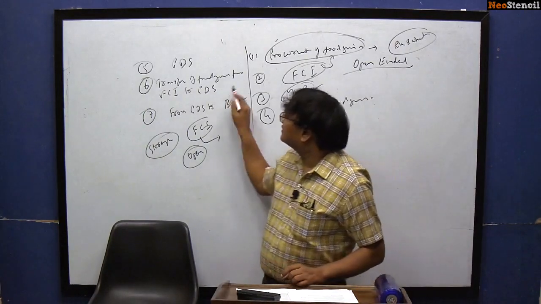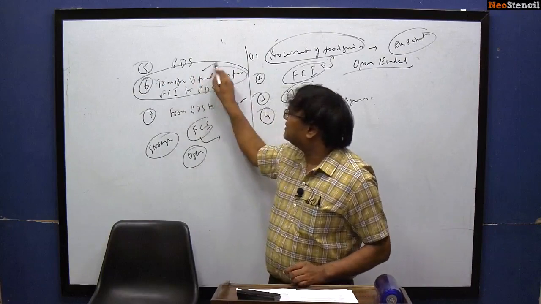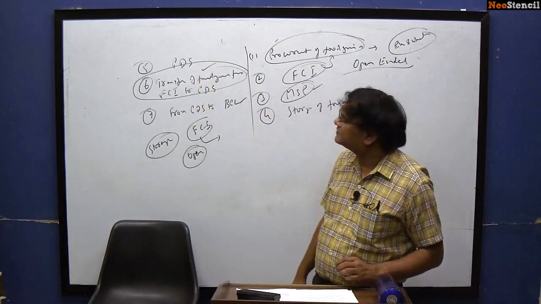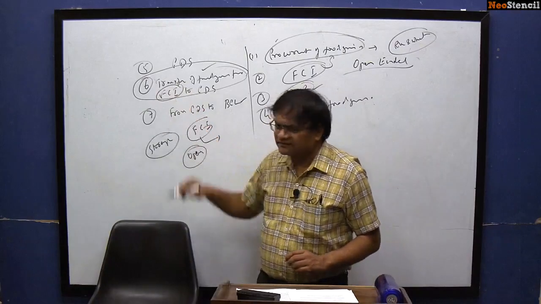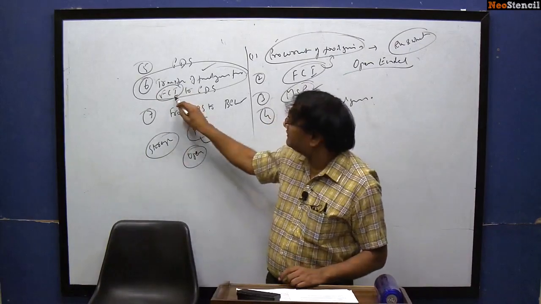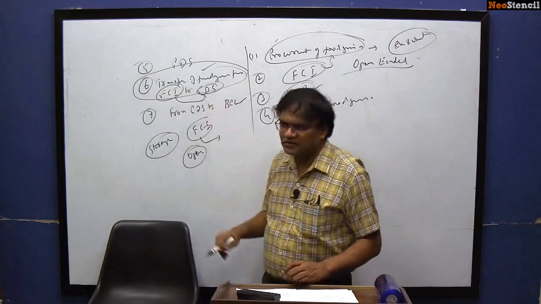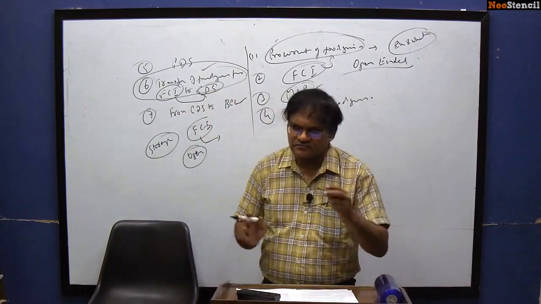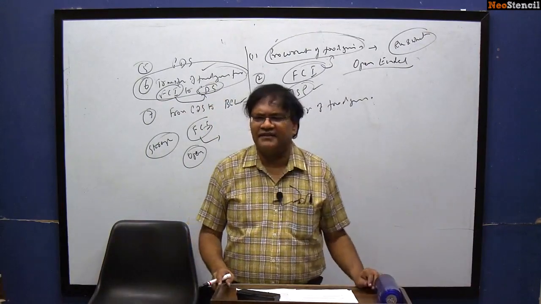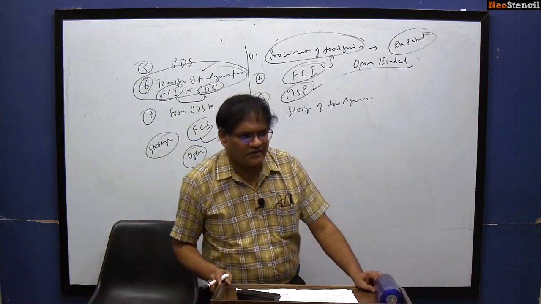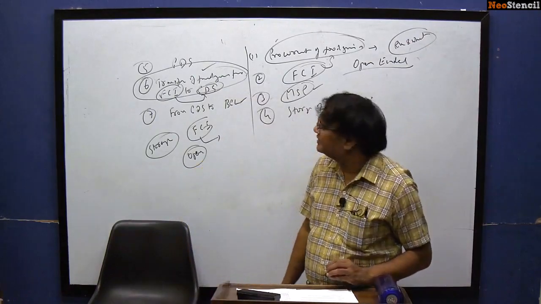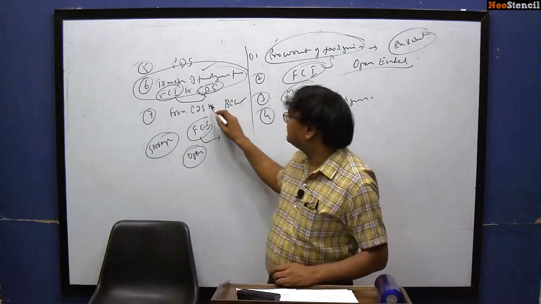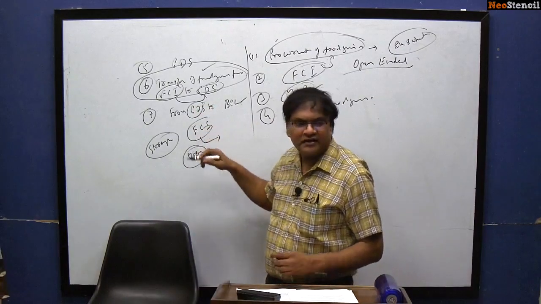And then, as we said, the maximum amount of corruption takes place in FCI, when these food grains are transported from FCI godowns to PDS shops. That is where they are diverted. And then once they are at the PDS shops, corruption takes place again.